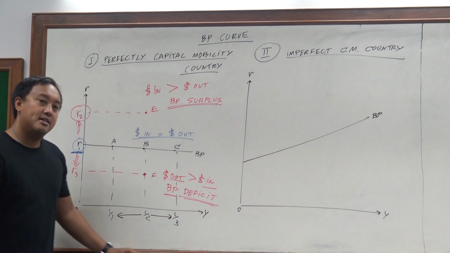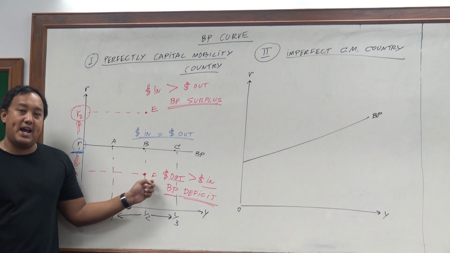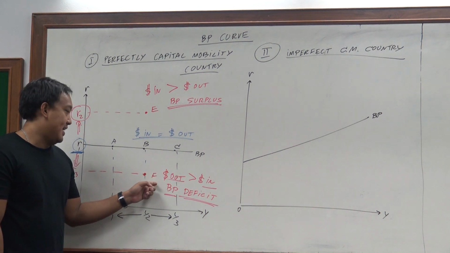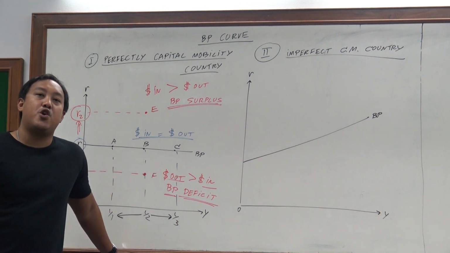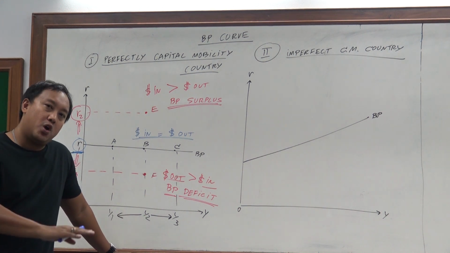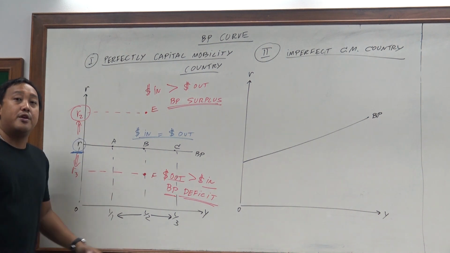On the other hand, any point located below the BP curve, like point F, means that the real interest rate in your country is too low. So what happens when the real interest rate is too low?